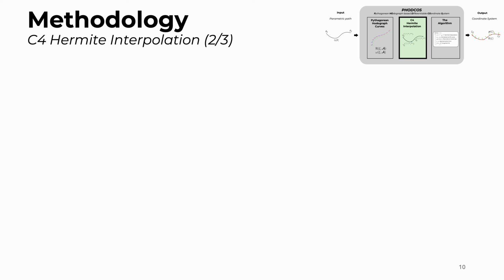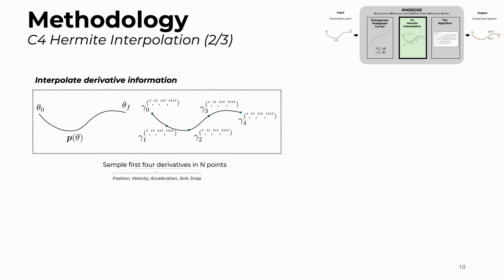The second ingredient is a C4 Hermite interpolation, and it's the most important part of our algorithm. The algorithm will be introduced in the third ingredient, but before we move into it, we have to spend some time understanding how we conduct the C4 Hermite interpolation. Here, we take the parametric function provided by the user and chop it up into n segments.